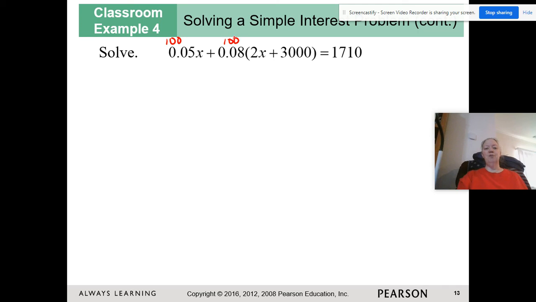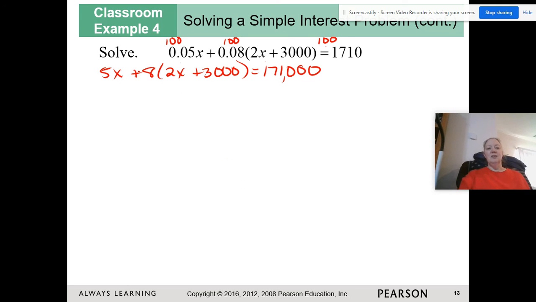Be super careful when you multiply by 100 because you have to multiply every term, including the 1,710. Even though this one doesn't have a decimal, you still have to multiply by 100. So 5x plus 8 times (2x plus 3,000) is equal to 1,710, and then multiply by 100, so I'm going to put 2 more zeros.